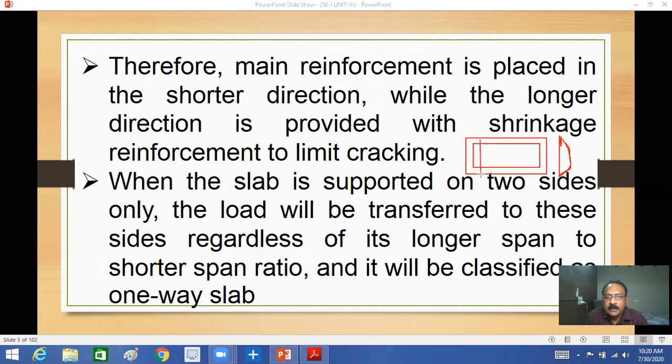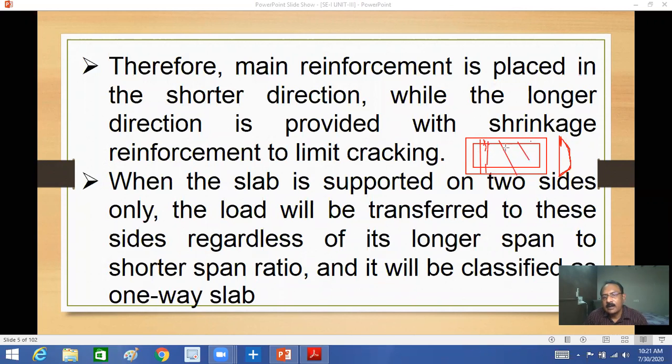See here, we will provide alternate bars, bent-up bars. I will show you a clear picture here, like this.